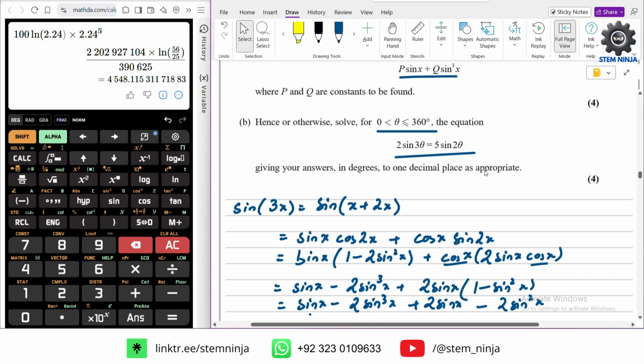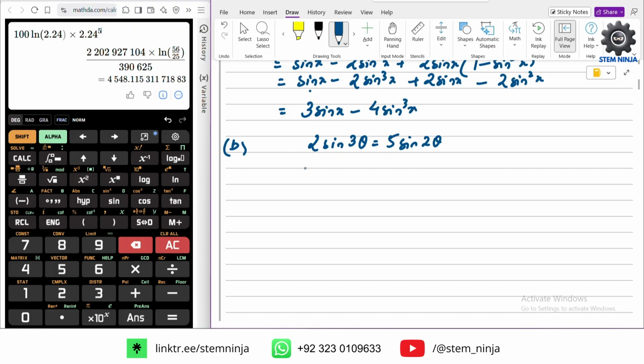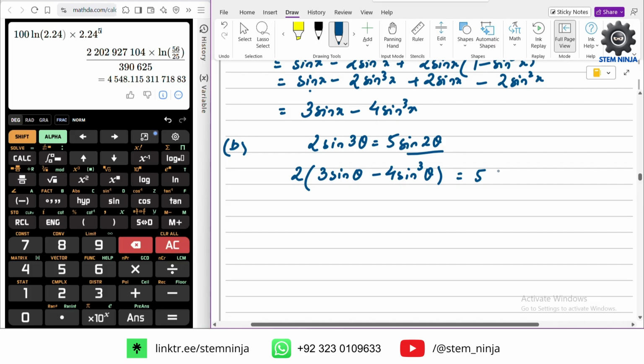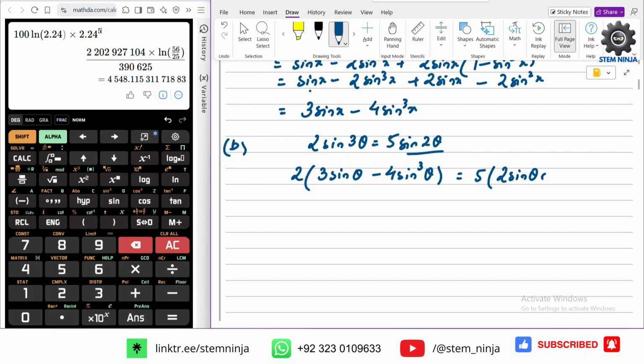Just to make sure that's what we had over here. Right, okay. So sine 3 theta is 3 sine theta minus 4 sine cubed theta, and this equals 5 sine 2 theta, which can be written as 2 sine theta cos theta.